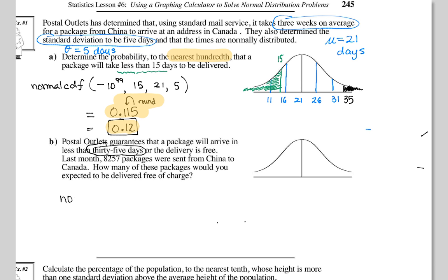Okay, so when you go to do the normal CDF, the lower bound is 35. Because we're starting at 35, and then we're going to shade all the way to a really big number, so positive 10 to the 99. And then you can put in the average and the standard deviation.